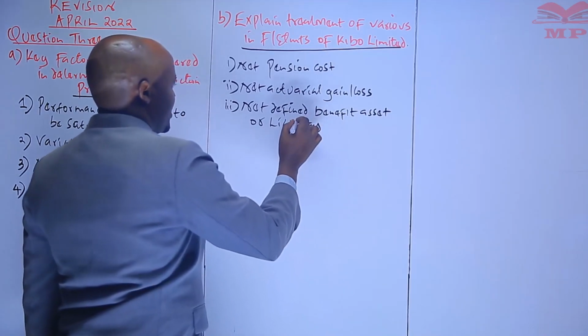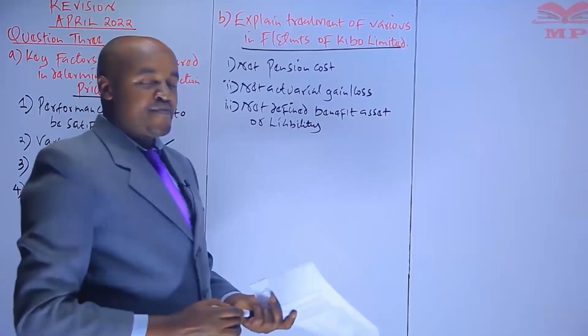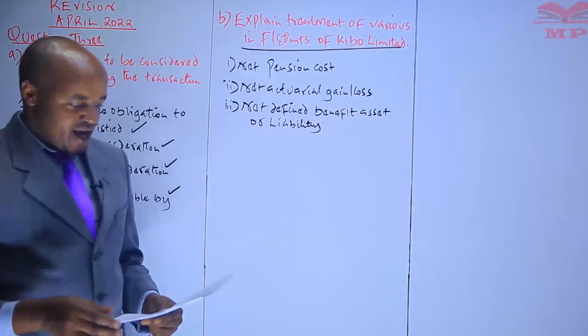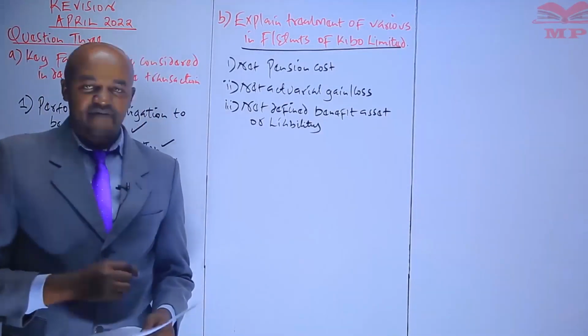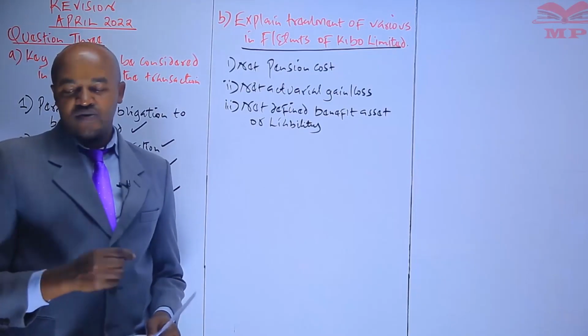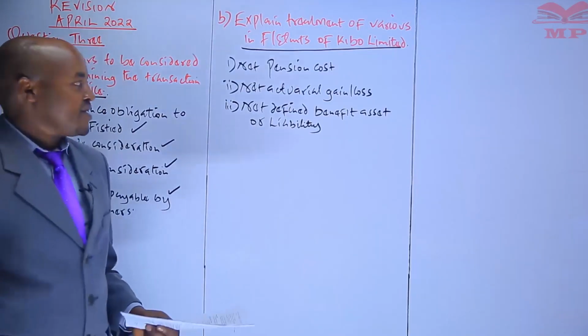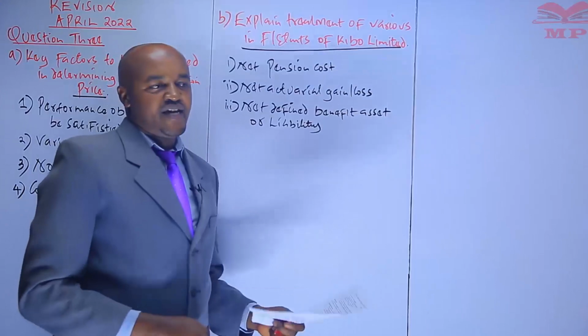So these are the three items which a company operating a defined benefit scheme should be able to compute and account for in the financial statements at the end of the year.